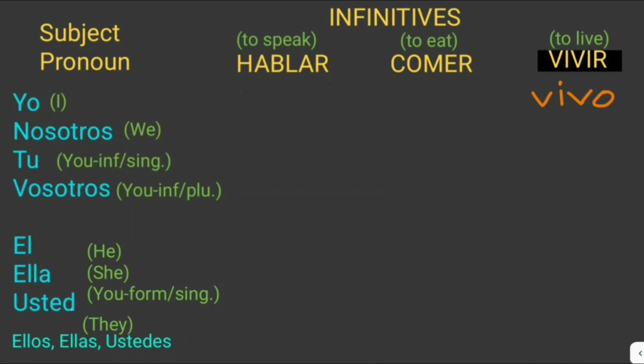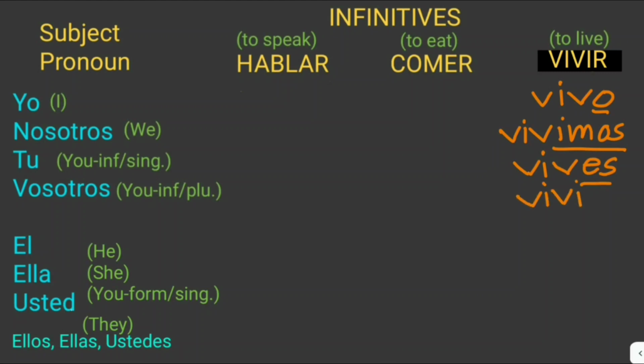With nosotros, this would become vivimos. See, we change ir with imos. For tú, this would become vives. So our ir here is changed to s. And for vosotros, this would become vivís.